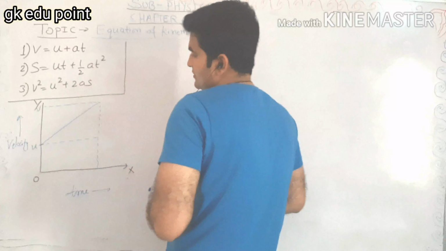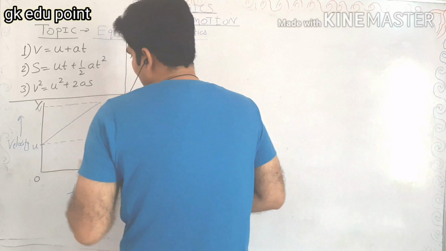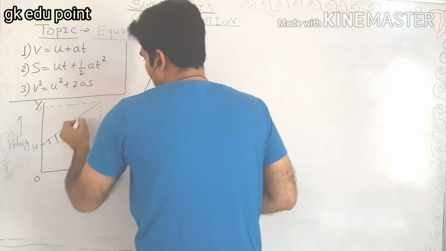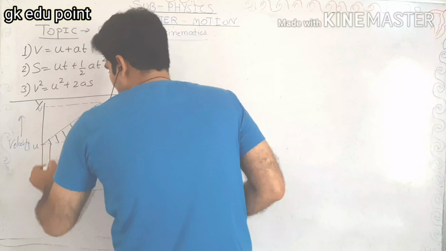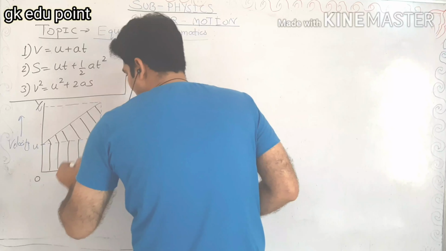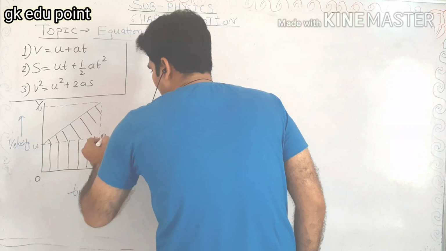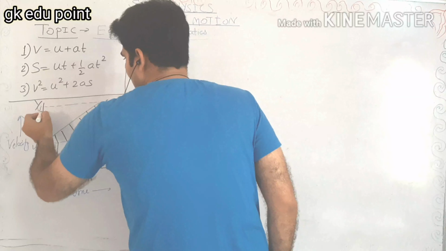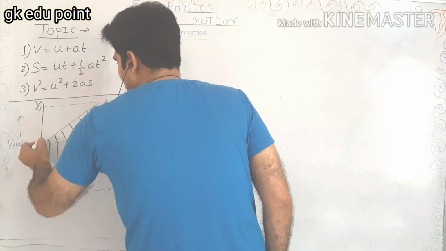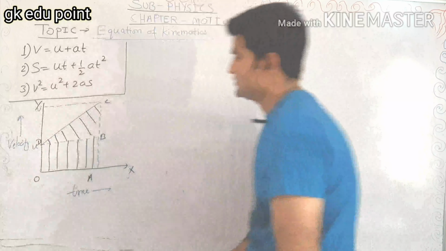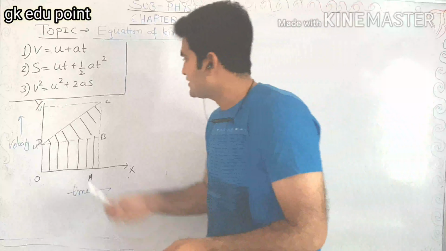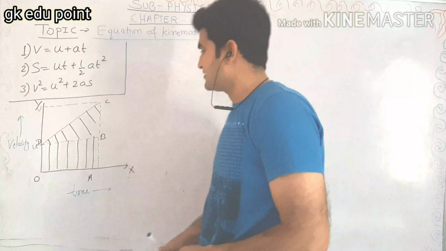There are two regions: number one, a triangle, which we shade, and a rectangle. We can also put some general symbols A, B, C, and D, for example. So there are two regions here, one is a triangle, the other is a rectangle.